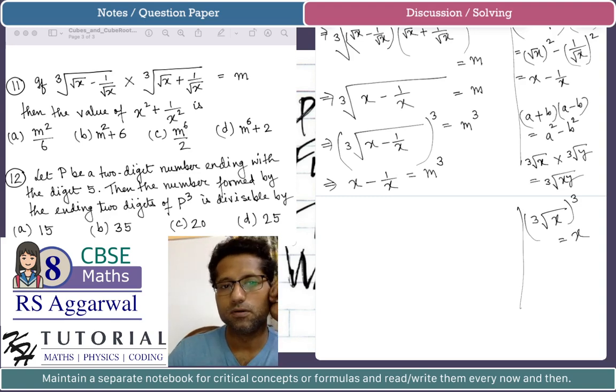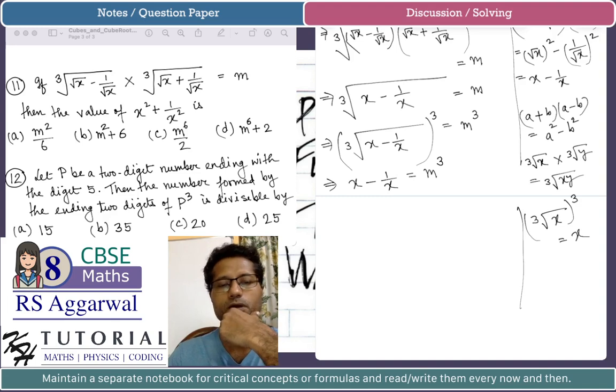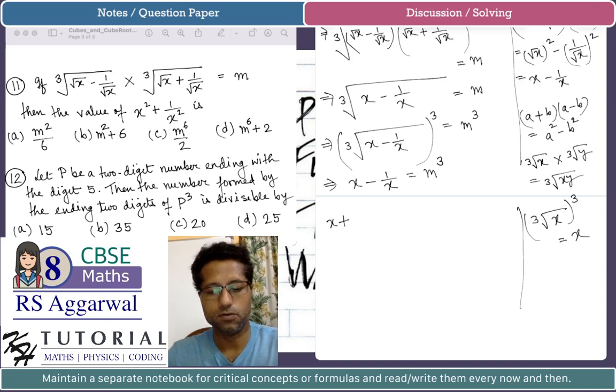Now you have to apply a little bit of knowledge, the formula of a plus b whole square. From the expression x square plus 1 by x square, you should get the idea that it is coming from squaring x plus 1 by x.